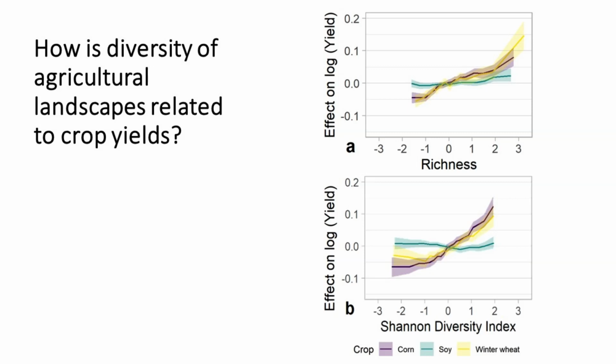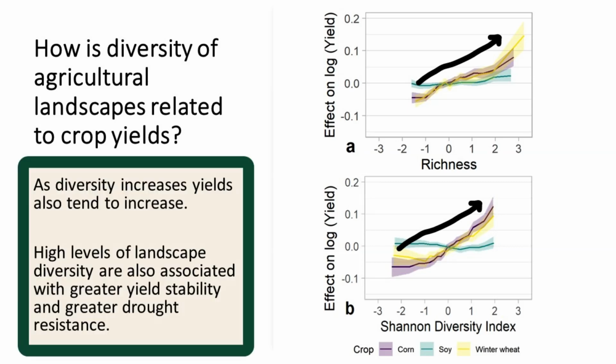And on the bottom, we have Shannon Diversity Index, as I just described. The shape of these curves are slightly different, but for all of the diversity metrics, we're pretty consistently seeing that increased levels of diversity are associated with higher yields.